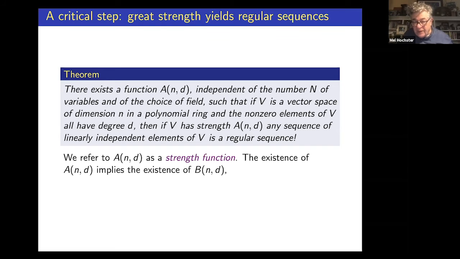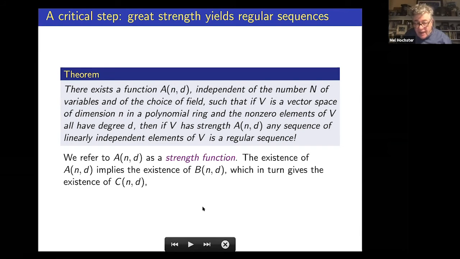The fact that having great strength forces these bounds on where you can put the original forms into a smaller but very good polynomial ring comes out of this strength theorem. So strength is a very central notion in this study. And of course, B of n,d gives C of n,d, the bound on projective dimension. So you go from A to B to C here by coincidence.